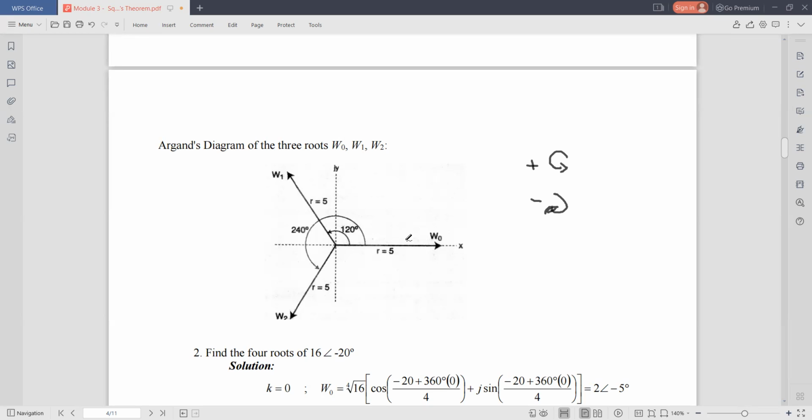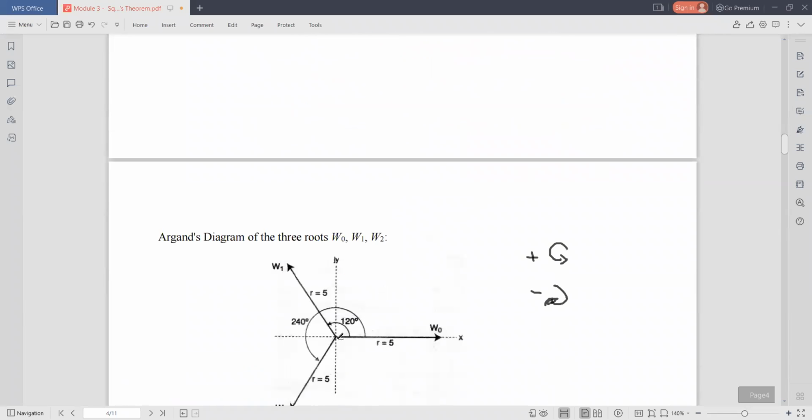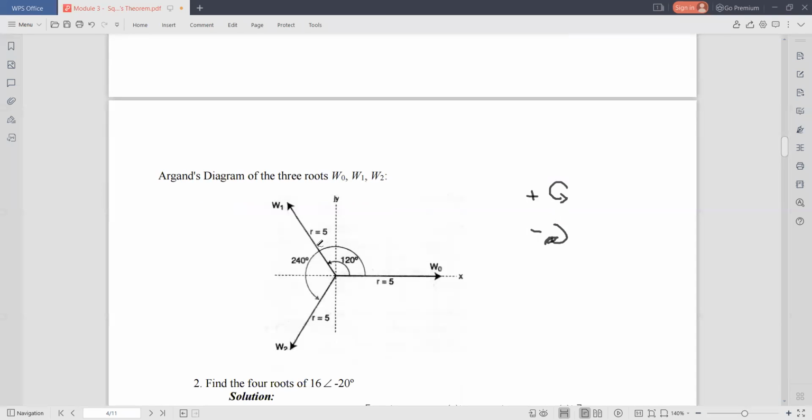Pagdating sa first root natin, or W sub 1, your value is 5 angle of 120 degrees. You have now your 90 degrees here. We go counterclockwise, positive angle. Obviously, this will be your W sub 1 if you plot it now, using the same magnitude which is 5.